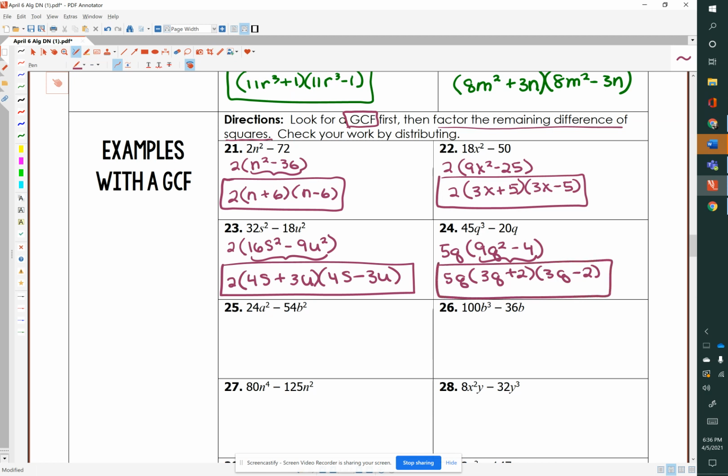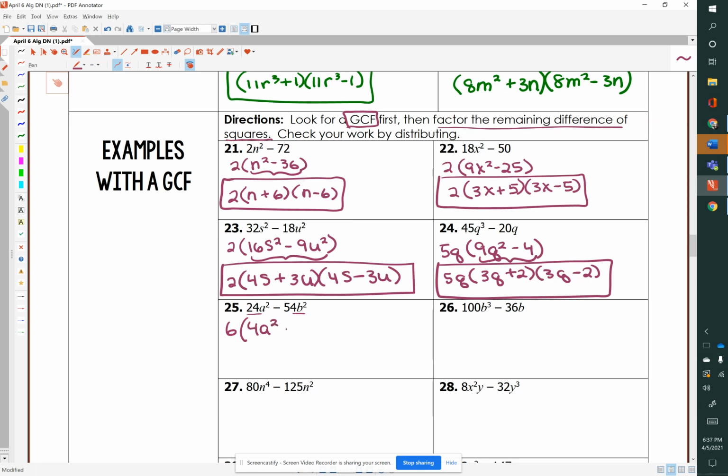And number 25, now let's think about this. We want to end up with perfect squares here and here. So if we factor out a 2, that would give us 12. If we factor out a 4, that would give us a 6. But if we factored out a 6, that would give us a 4. So let's factor out the 6. If we factor out the 6 on the 54, that would give us a 9. So that's going to work for us. So 24 divided by 6 is 4, and we have that a squared.